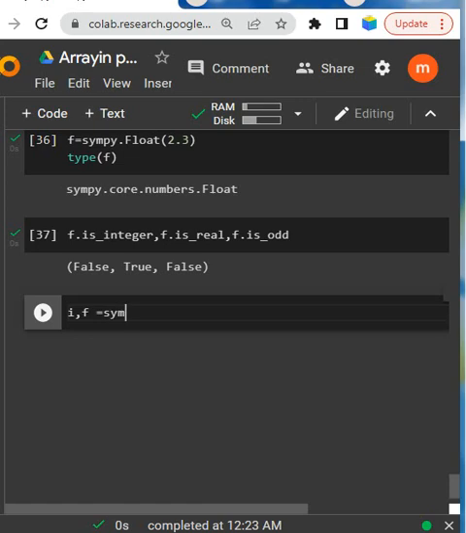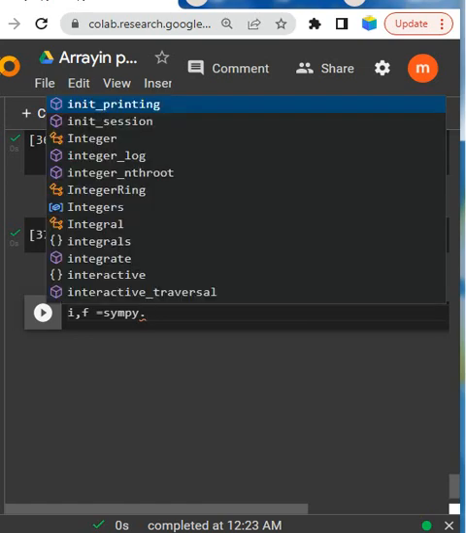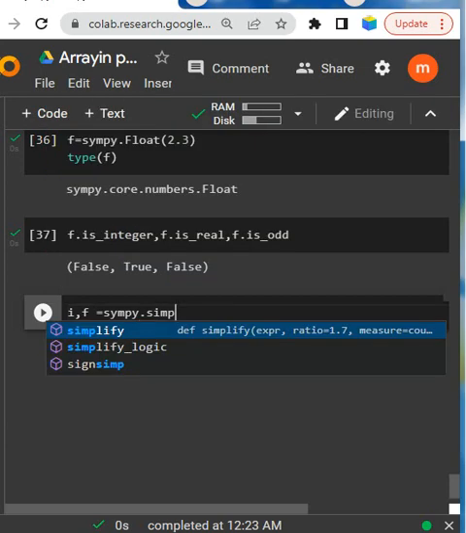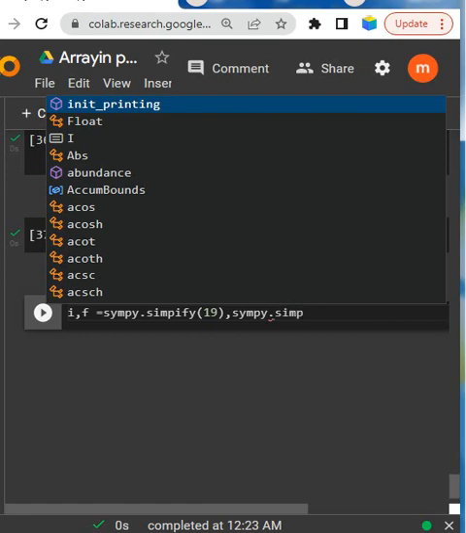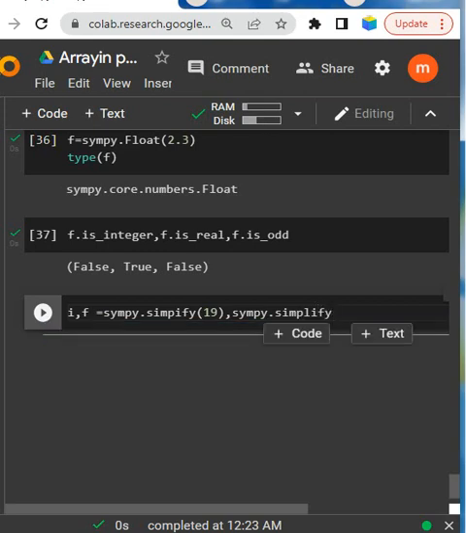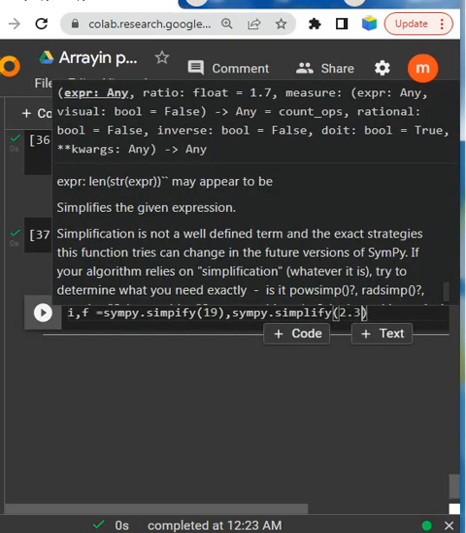We can write sympy.simplify, like 19, and comma, I am going to write sympy.simplify, and I am writing here the float value 2.3.